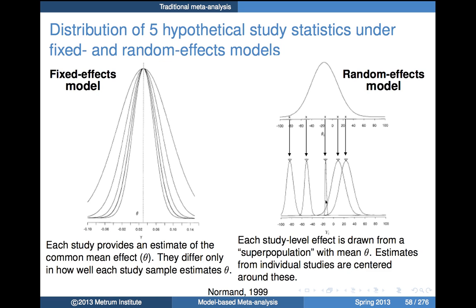And so that's denoted here by this skinny little distribution, which is a study that has a lot of information, or perhaps a very big study, and these 2 studies over here on the right, which have wider distributions, are coming from smaller studies where there's more sampling error. It's the same kind of model that we would have when we're doing any sort of population analysis when we have patient level data.